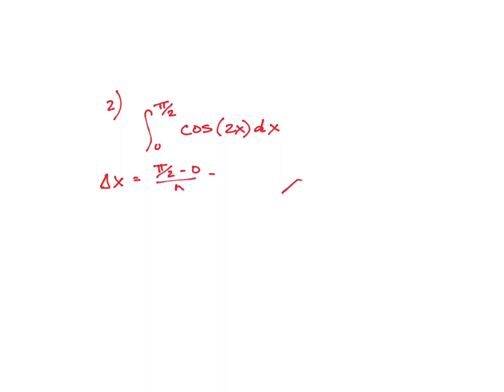Sorry. It'll work out. Okay, so number 2 has find a limit equal to the integral from 0 to pi over 2 of cosine 2x dx. So delta x, I called it pi over 2n, because it's pi over 2 over n.